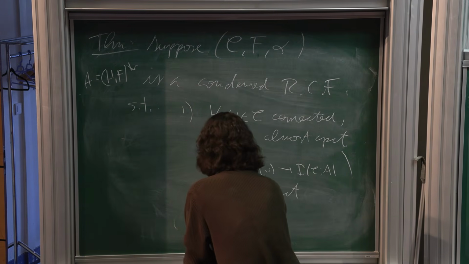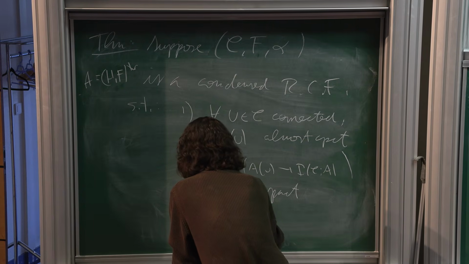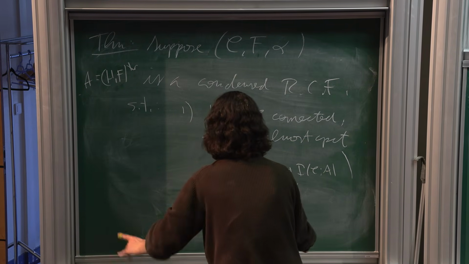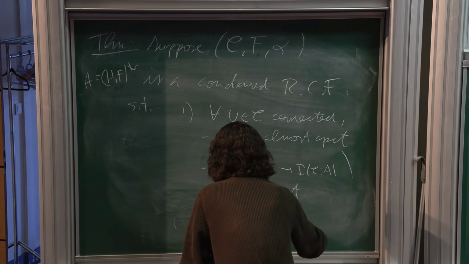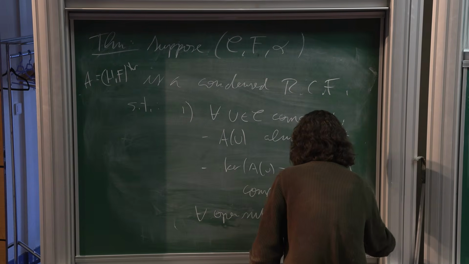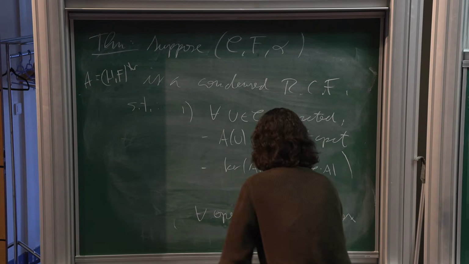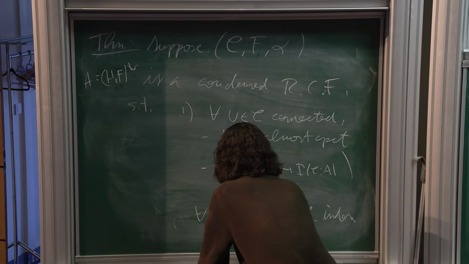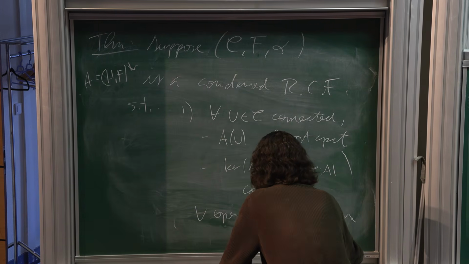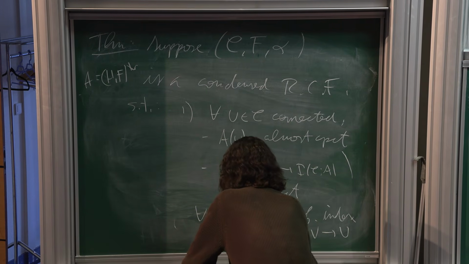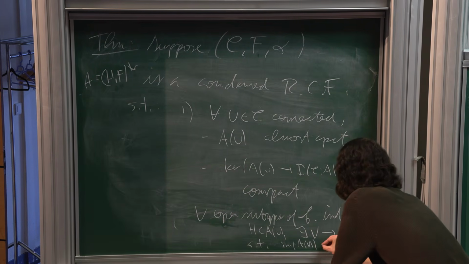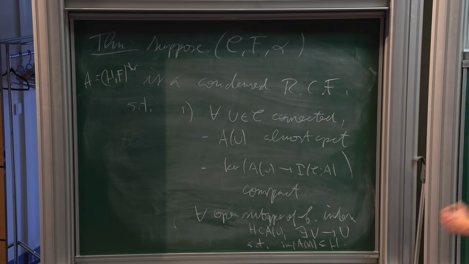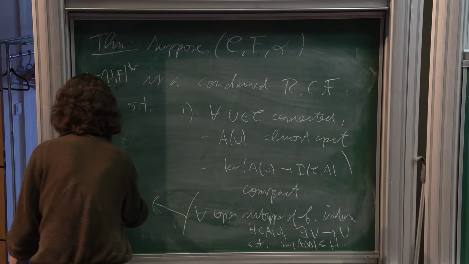And then, for all open subgroups of finite index, let's say H in A of U, there exists a V mapping to U such that the image of A of V inside A of U is smaller than H.